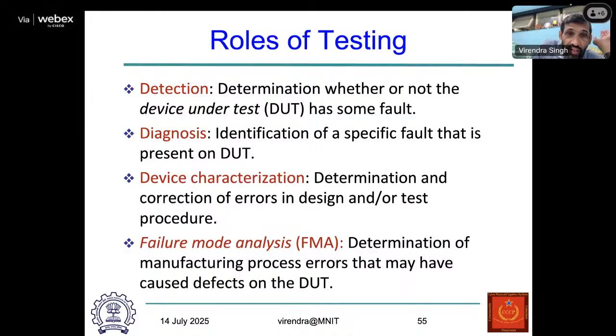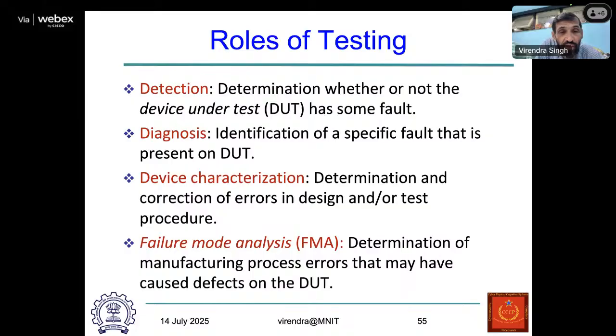One role is to detect whether a device is faulty or fault free. In general, when we are saying VLSI test, our aim is to detect whether the device is faulty or fault free. If it is a faulty device, you have to throw it out. You don't need to worry about what defect it has. But if multiple devices are failing, in that case there is something systematically wrong with your design, and therefore you have to diagnose those devices.